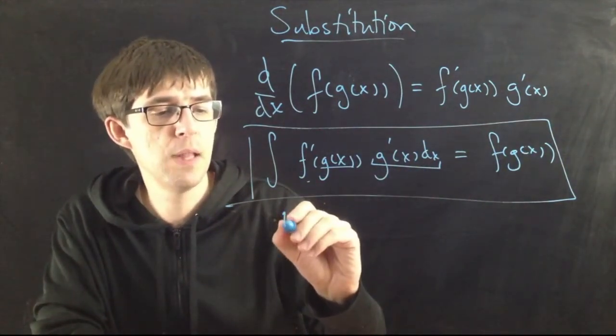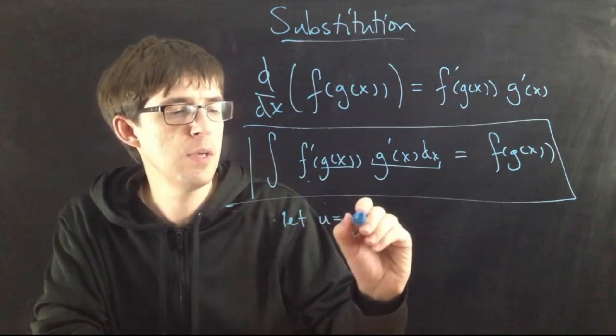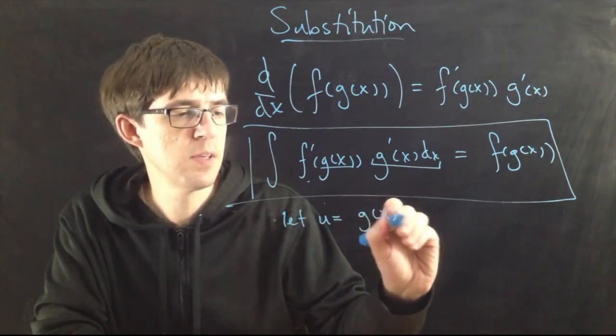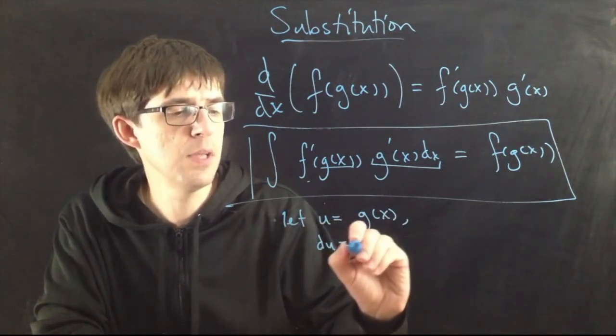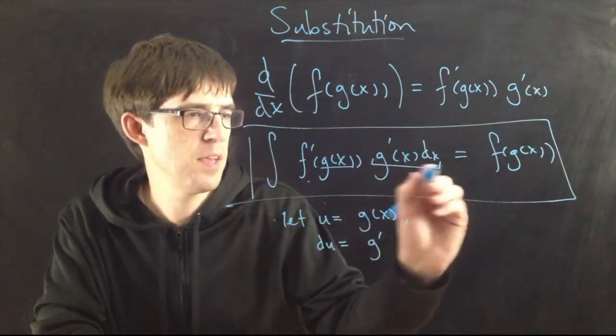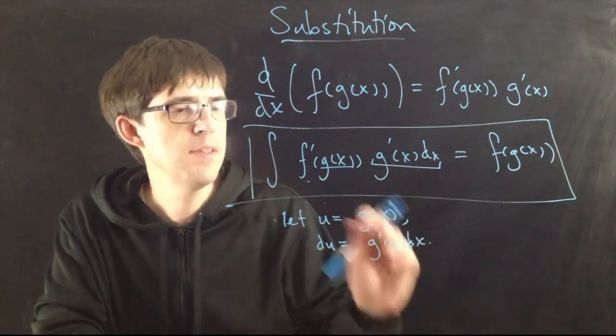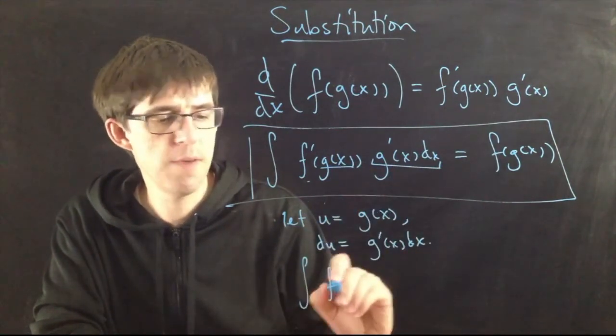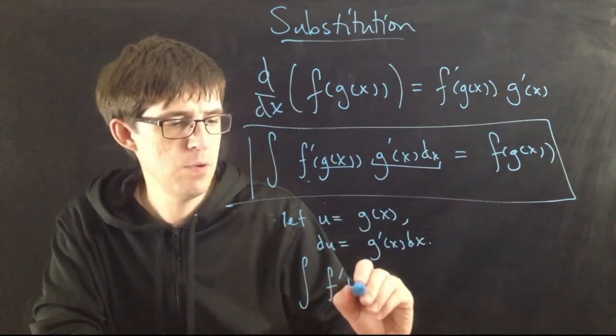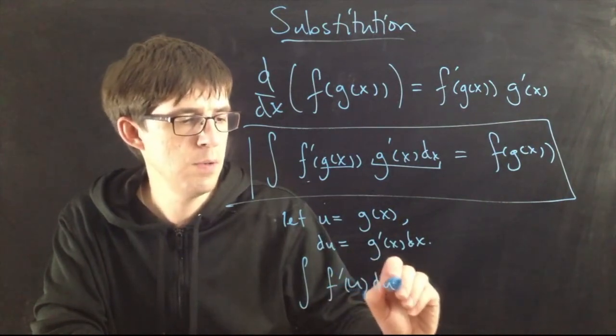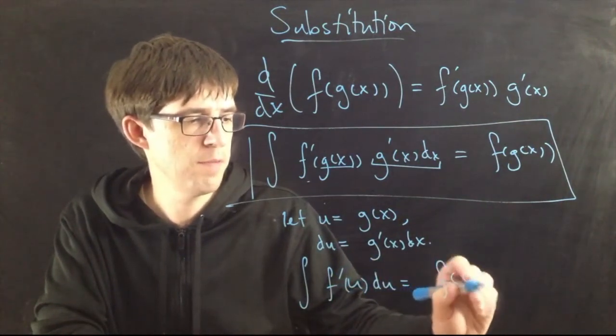There's a cute way that we can write this, which makes this all a lot clearer. So I'm going to let u equal g of x and du equal this thing right here, g prime of x dx. And then what the rule says is integral f prime of u du equals f of u.